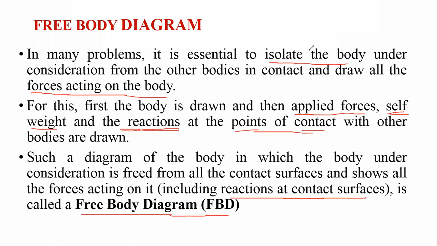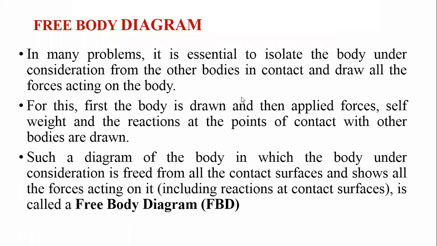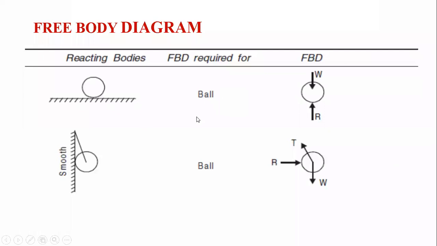Now let us see some simple diagrams of how to find the free body diagram for a particular problem. If you see here, this ball is resting over the ground, and the free body required is the ball. Now what we have to show is the self weight acting over the body, that is W, passing through the CG of the ball, as well as the reaction developing at the contact surface.